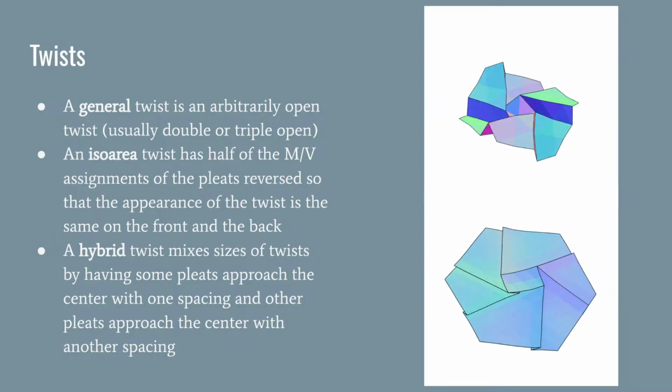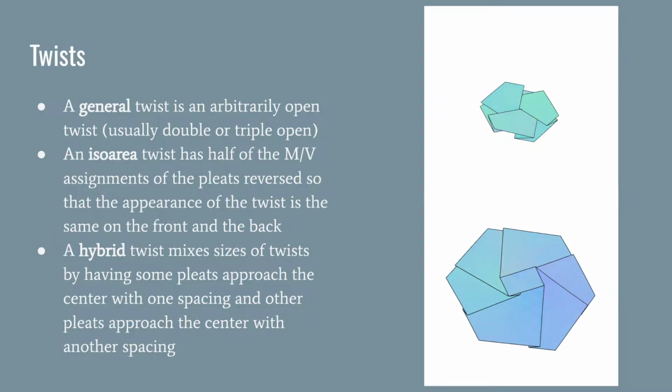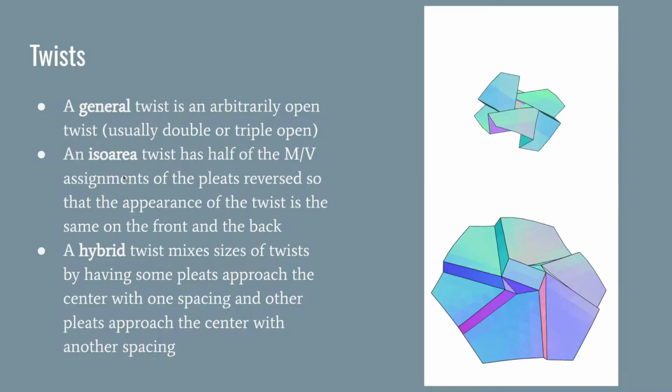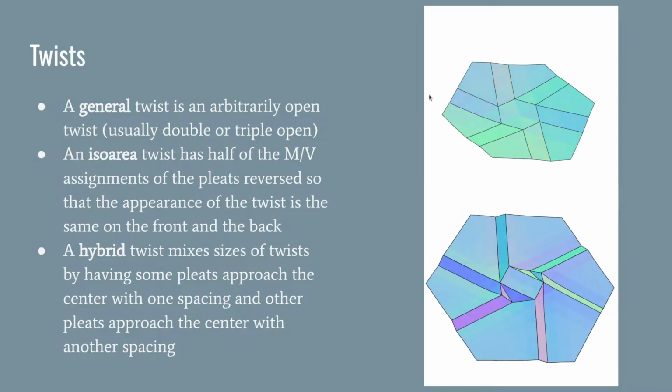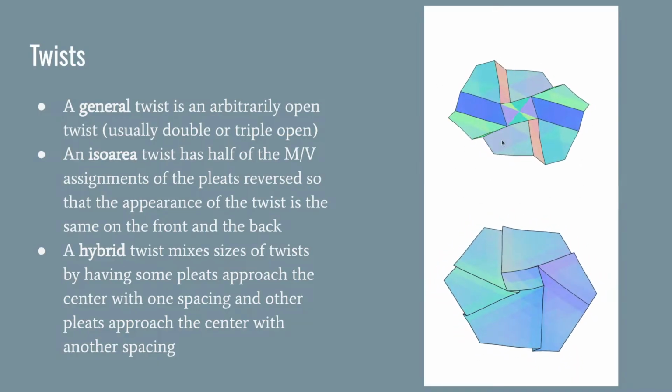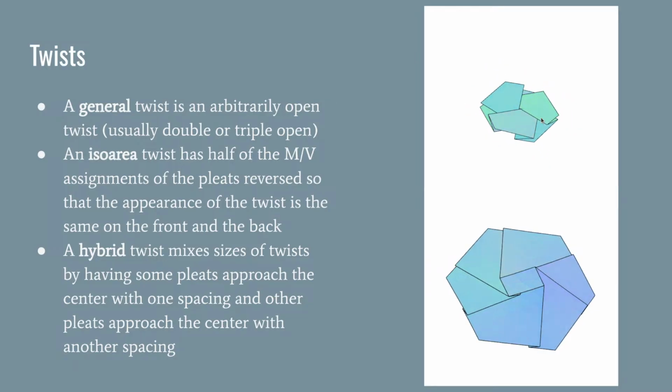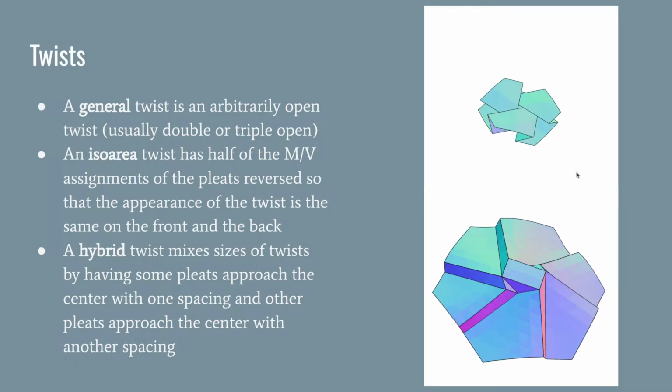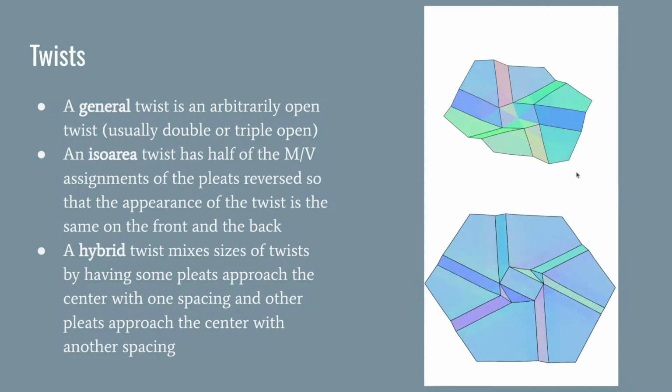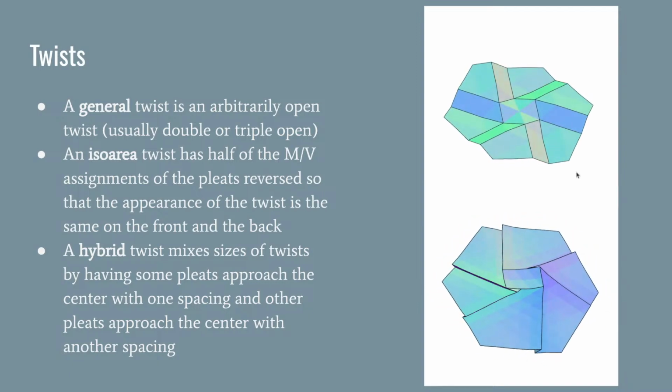That would be a general hexagon twist. And then an isoarea twist, like this one on the top, has the same crease pattern as a closed hexagon, but 3 of those pleats are acting right-handed and 3 of them are acting left-handed.